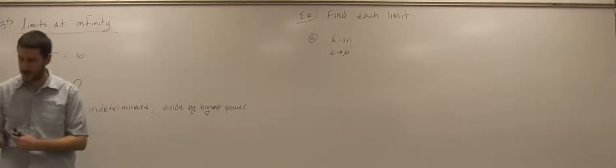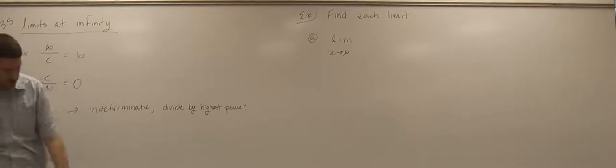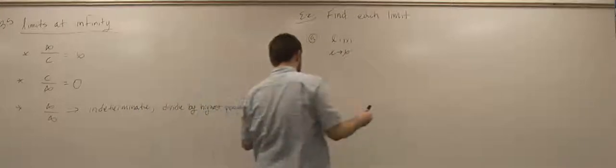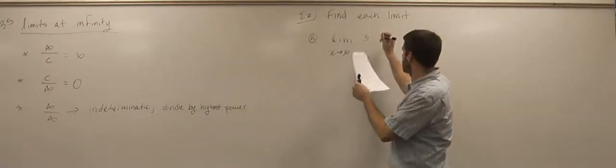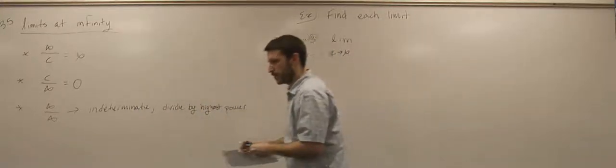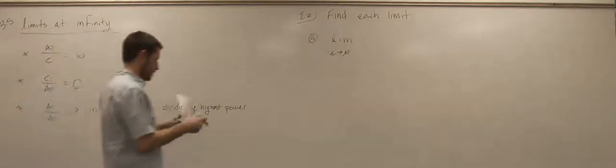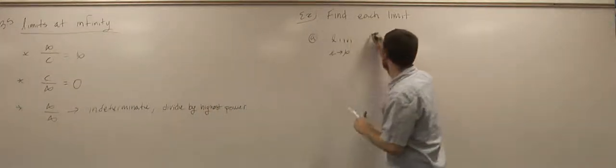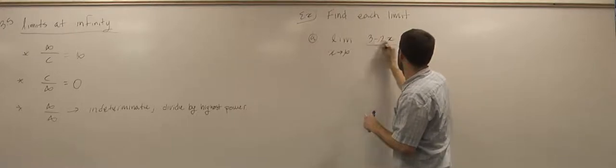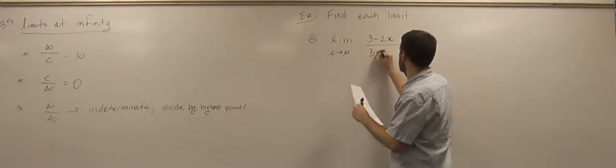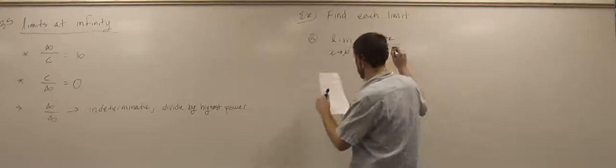We have the limit as x goes to infinity of 3 minus 2x over 3x cubed minus 1.